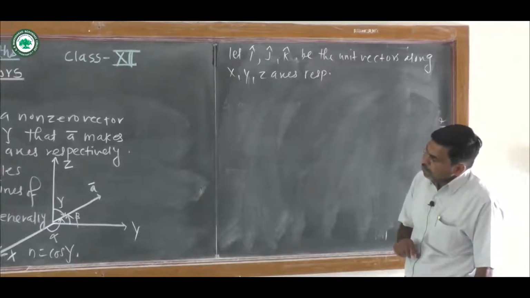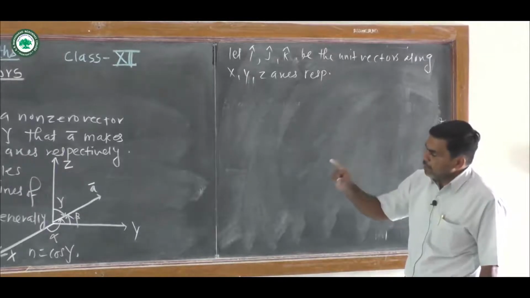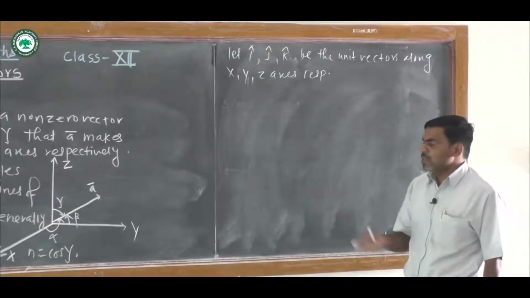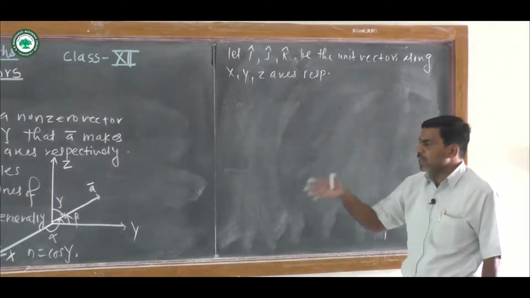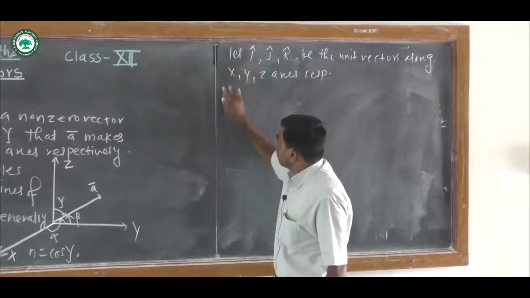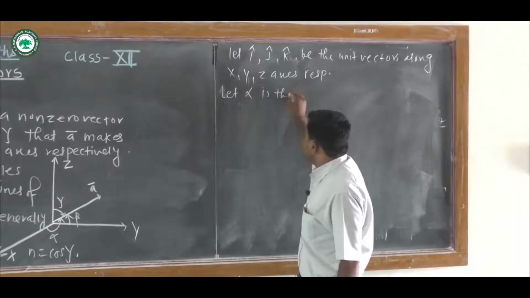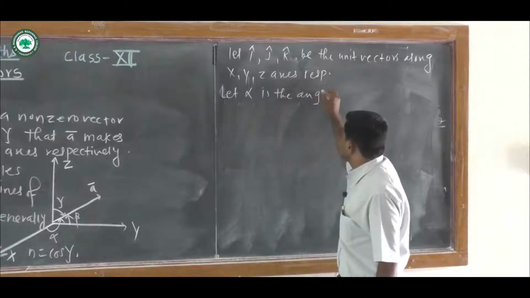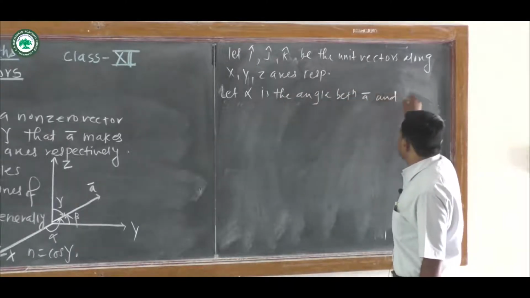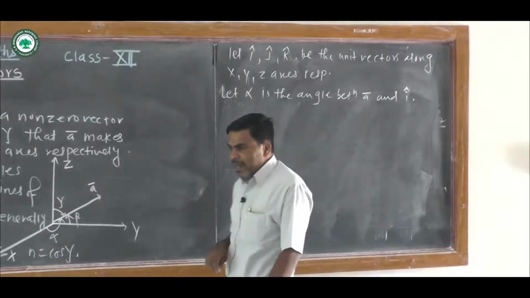Now the angle between a bar and x axis is alpha, so angle between a bar and unit vector i cap is also alpha, because i cap lies along the x axis. Let alpha be the angle between a bar and i cap.